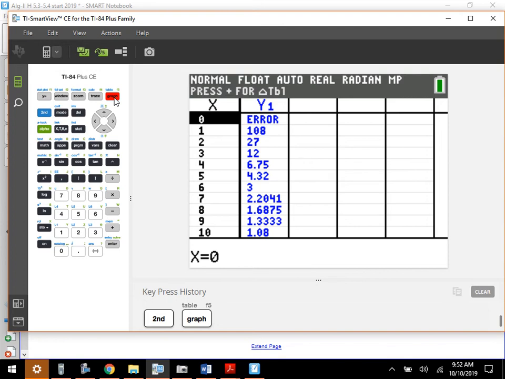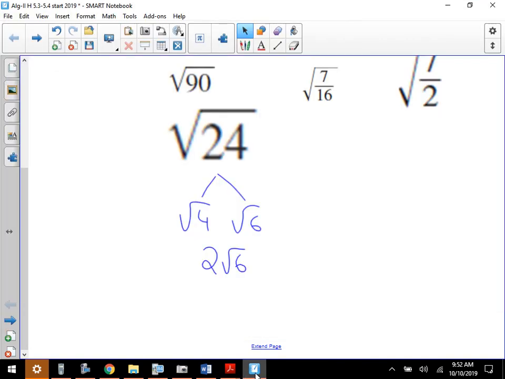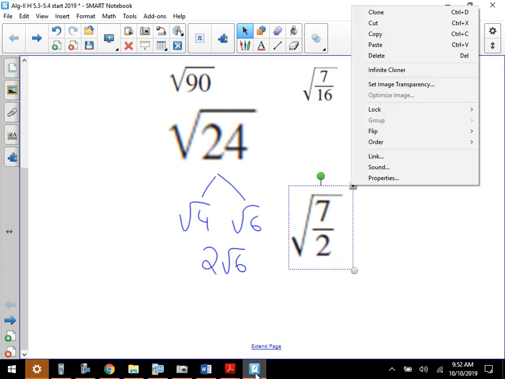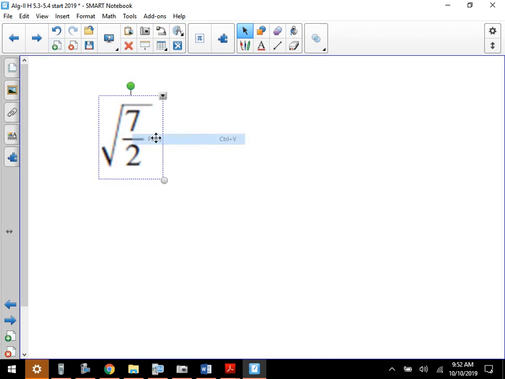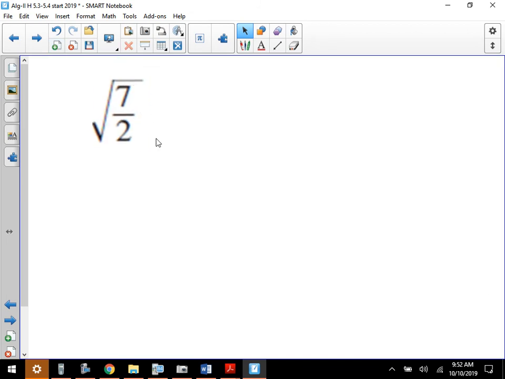It's a nice shortcut. Well, there'll be times you use calculator, times you don't. You should know most of your simplifying radicals. All right. What about this? How do you simplify that?